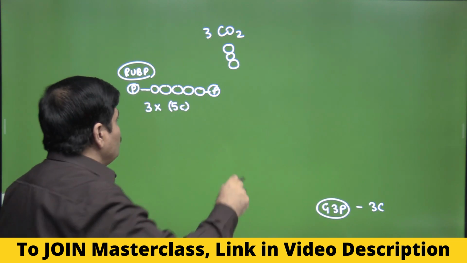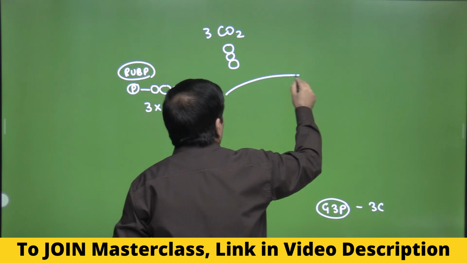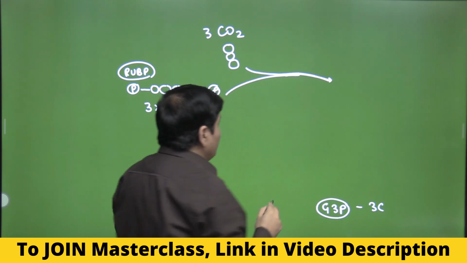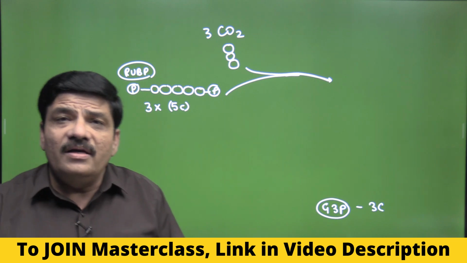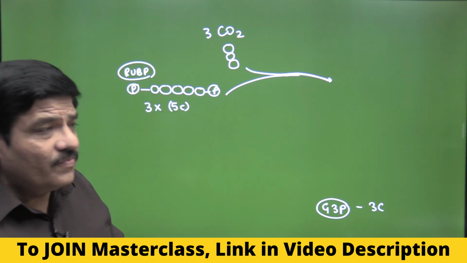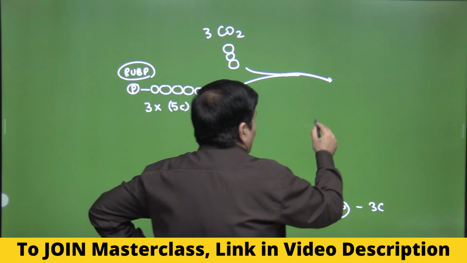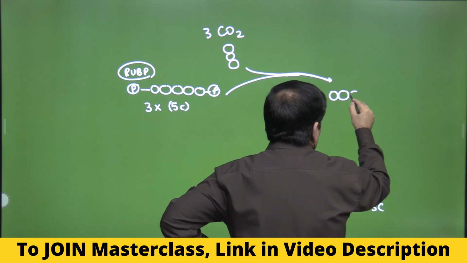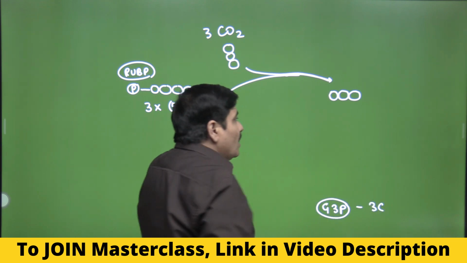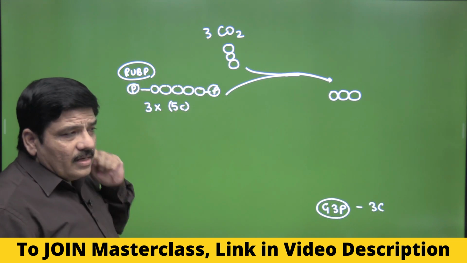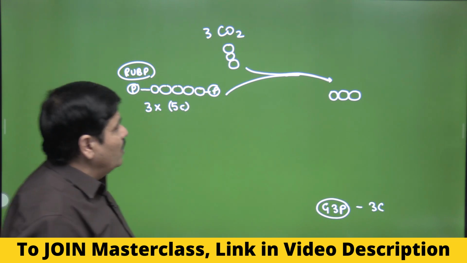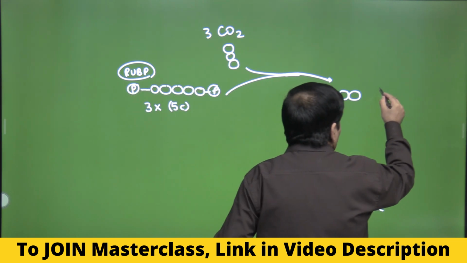So this is 18. What happens is that they join together. There is an intermediate form which is energetically very, very unstable, and then it cleaves itself, and it leads to formation of the first stable product of this cycle, which is a 3 carbon molecule called 3-phosphoglycerate.